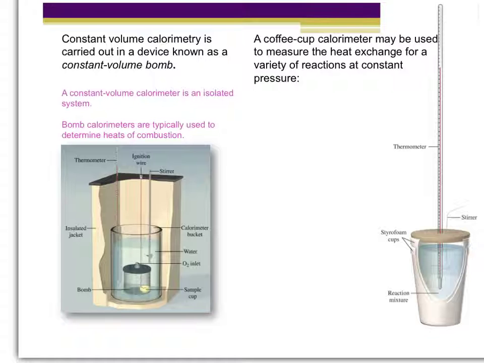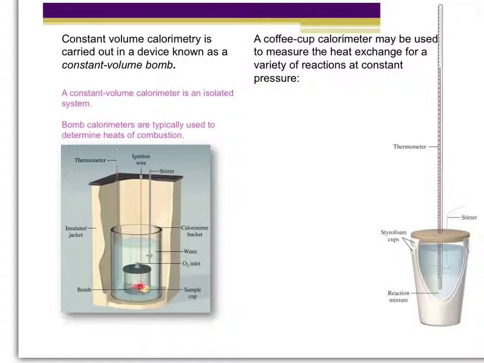And so this is an example here of a constant volume calorimeter. A constant volume calorimeter is called a bomb calorimeter. The bomb calorimeter is a device that has a sample inside a reaction vessel, like I described earlier.